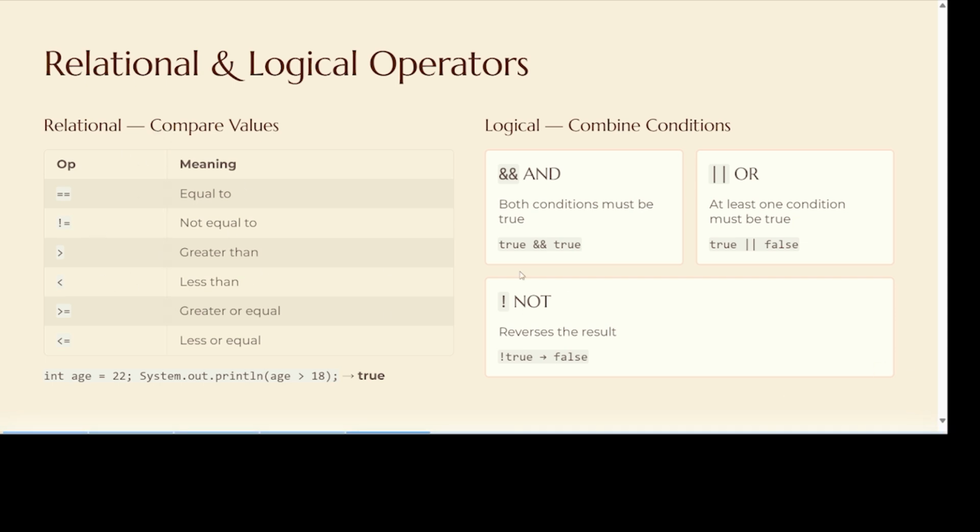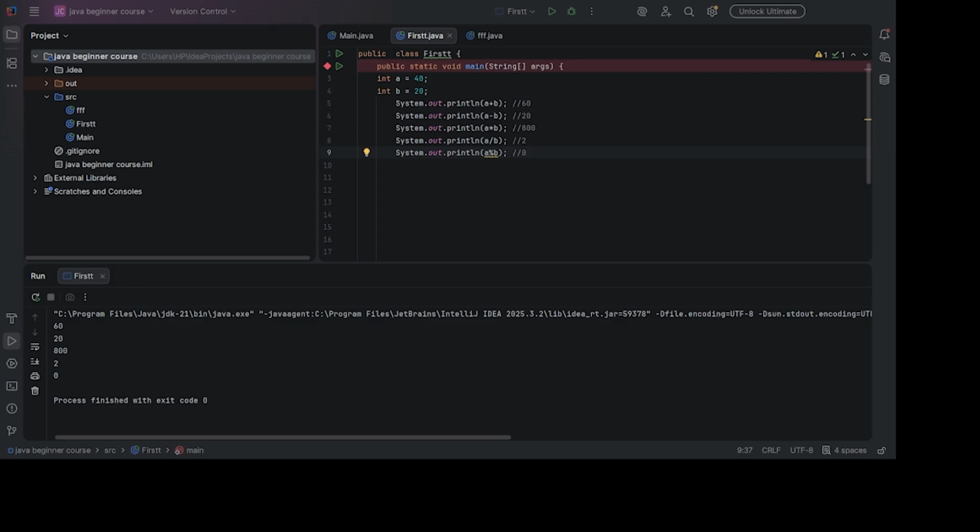Okay, so we will see it in a practical way. I will open my IntelliJ to code and make the comparisons. First of all, a is equal to b. This is the equal to operator.